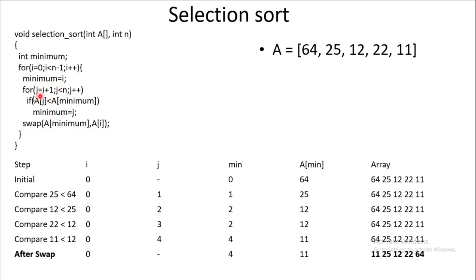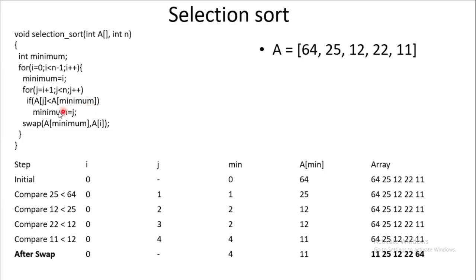Now the inner for loop searches the remaining unsorted elements, beginning with i plus 1, because the current element has already been assumed as the minimum one. The loop compares every remaining element with the current minimum with the help of the line if a of j less than a of minimum.